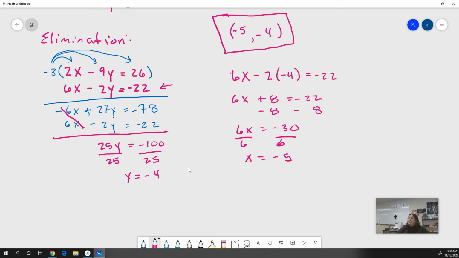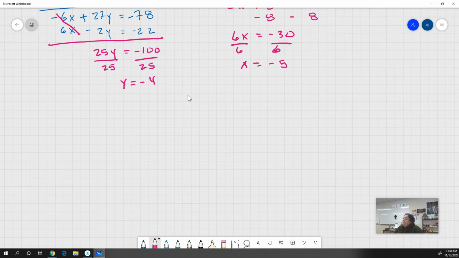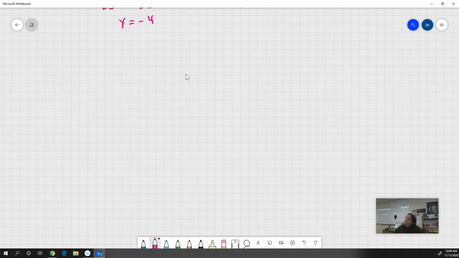The word problem I've chosen to do for you, I chose specifically because it shows us having to adjust both equations for the elimination piece. What I'm going to do, though, is not write out the entire question.